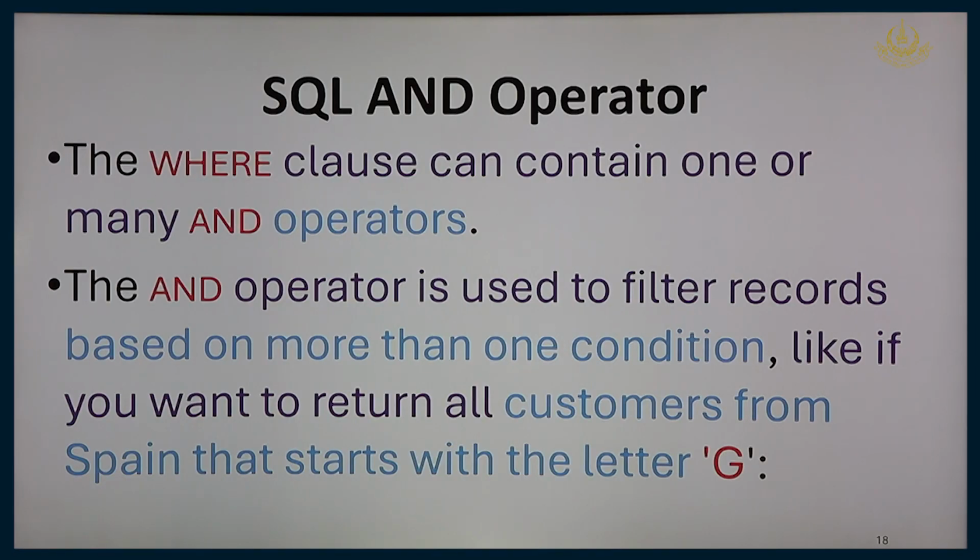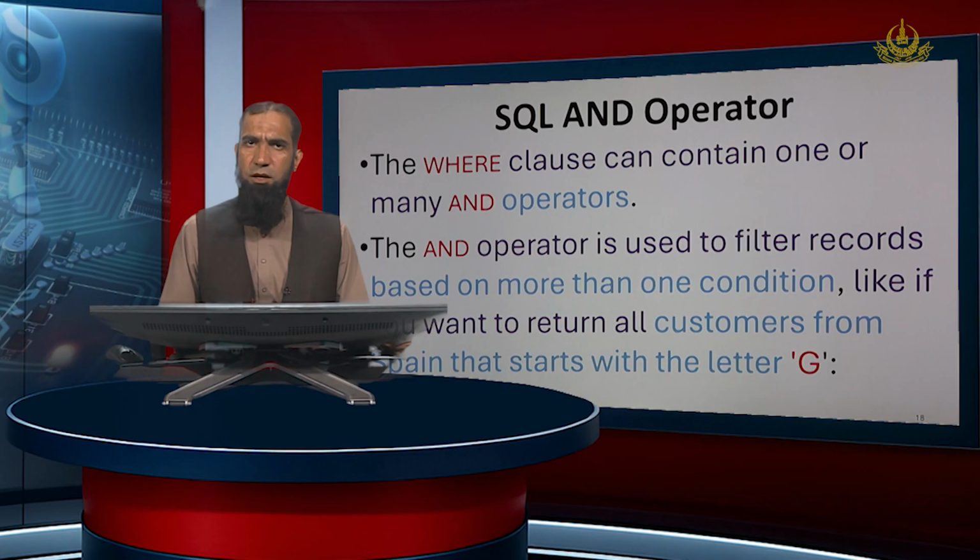Now let's talk about combining conditions in our where clause using logical operators like and, or, and not. The and operator requires that all conditions be true for a record to appear in the result set.